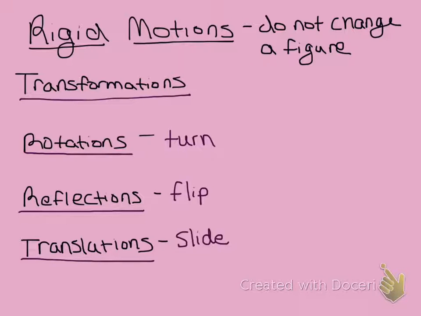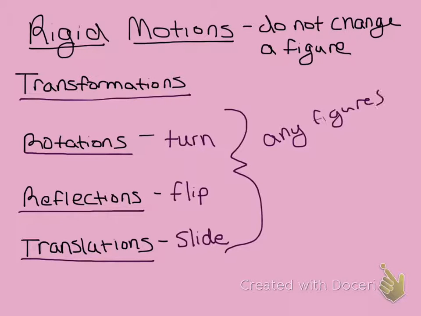The reason that I'm putting so much focus on that sameness is because we're going to be talking about figures being congruent. Any figures that have been translated, rotated, or reflected, we can be absolutely sure that they are congruent.